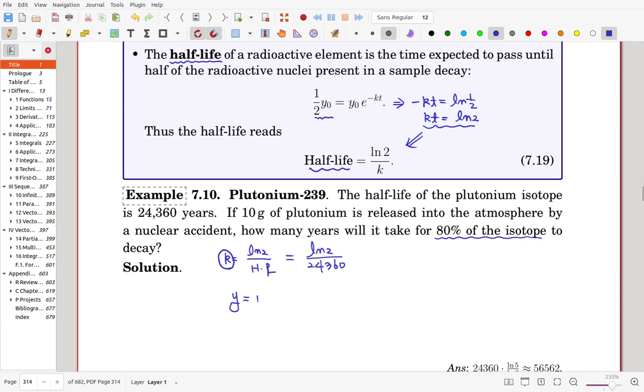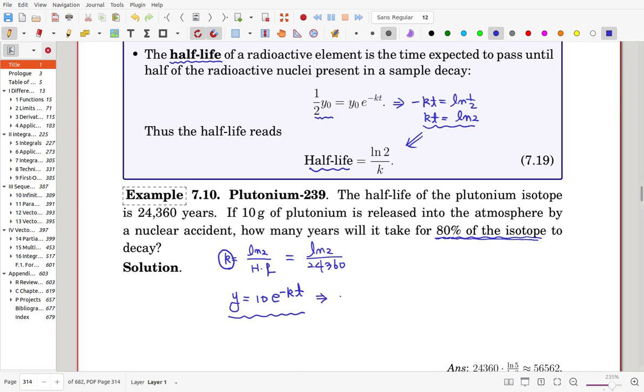But the answer is y equals y0, in the beginning that is 10, times e to the minus kt. That's the solution of the radioactive decay, right? And already we know k. Now 80% of the isotope has decayed, which means that what remained is 2.